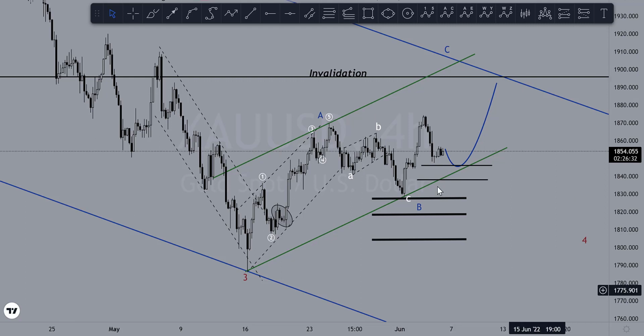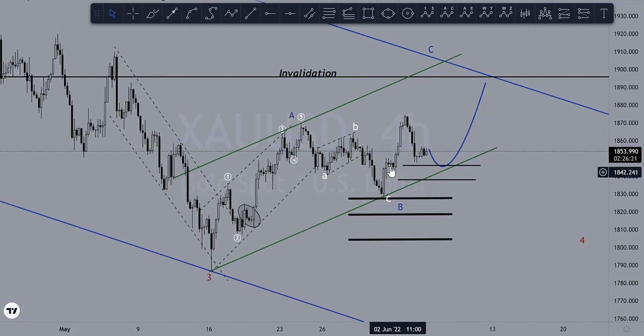So I'm expecting a buy from either this area here or this area. If we are looking at this area there, I'm making use of this order block that we are seeing there. So I'm expecting to buy gold from this area there, just after a little bit of a drop, then we can buy from this area there.